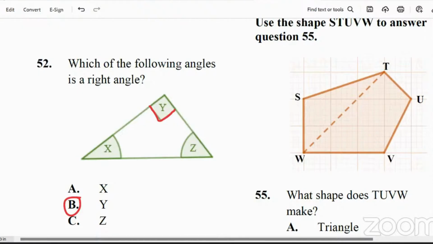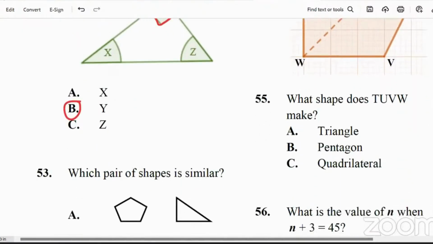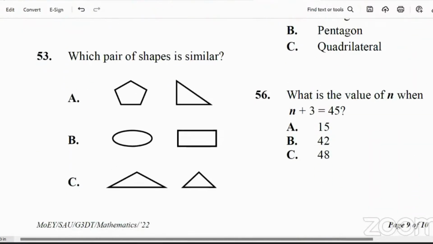All right, so let's get to 53. Which pair of shapes is similar? And of course, this is a very, very easy question. All right, so this one has 1, 2, 5 different sides. This one has 3. This is an oval, and this one is a rectangle. All right, so the pair of shapes that's similar would be C. Those are both triangles, okay?